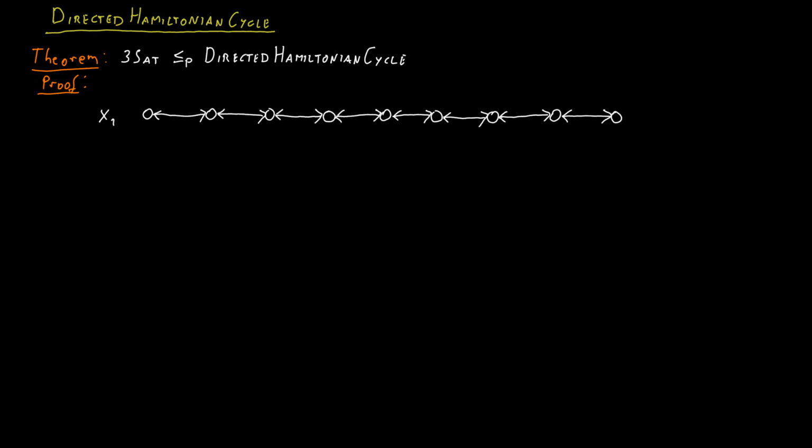Now, if we want to visit all these vertices in one go, we have basically two choices. We can start at the very left end of this line and move all the way to the very right end of that line. Or we can do it the other way around. We can start at the right end of the line and move all the way to the left end of the line.